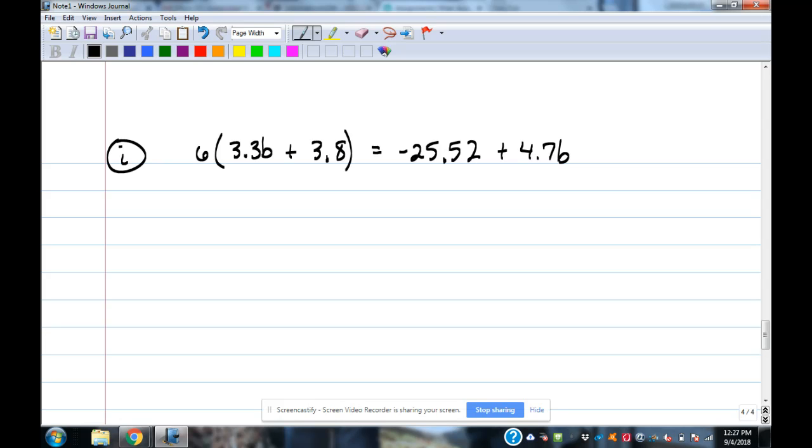Variables on both sides. Still doesn't change what we're trying to do. We're trying to get that variable by itself.